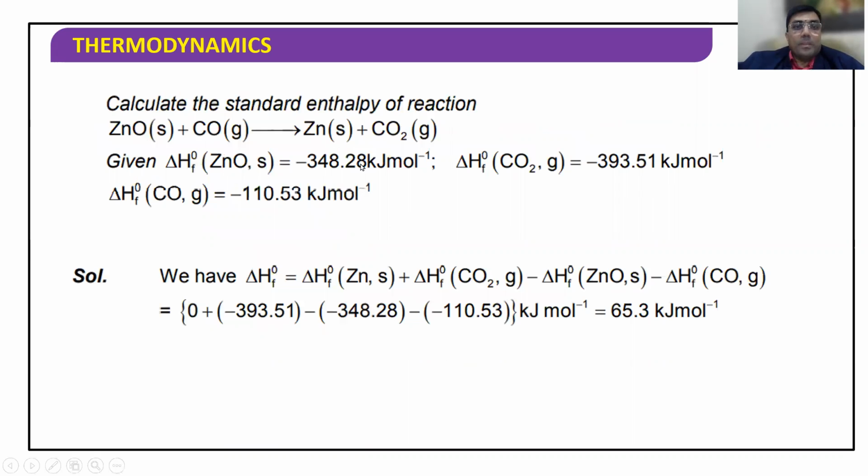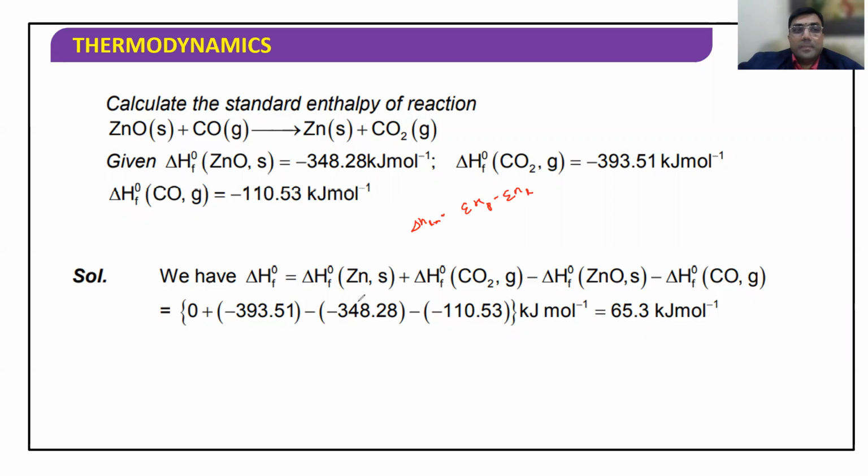Next question. Simple question. So here calculate the standard enthalpy in this reaction. So formations of products and reactants are given. So naturally delta H reaction is equal to sigma heat of formation of products minus sigma heat of formation of reactants.